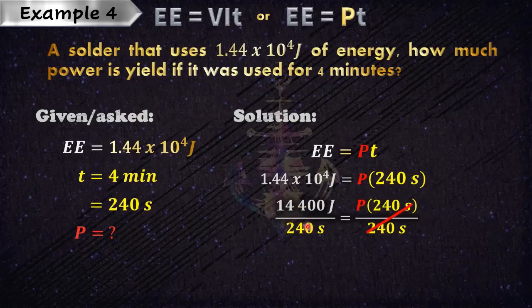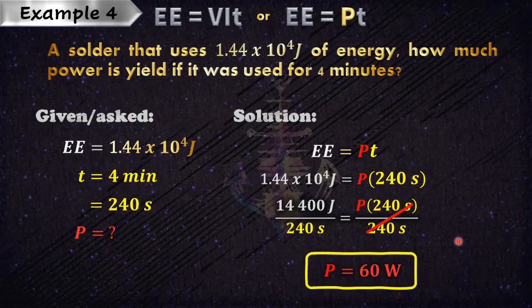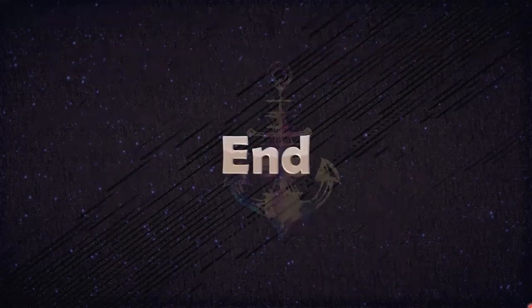And get the quotient. 14,400 divided by 240, that is 60. Joules per second is equivalent to what? 1 joule per second is equivalent to 1 watt. That is the answer. And that ends our lesson for this quarter.